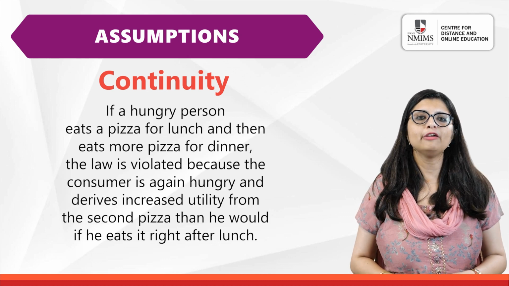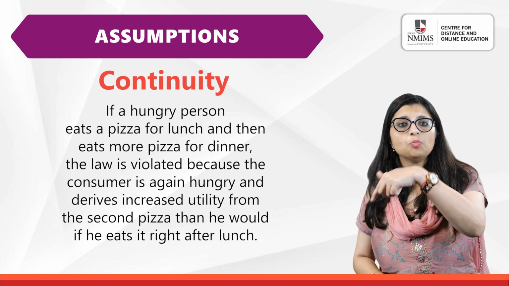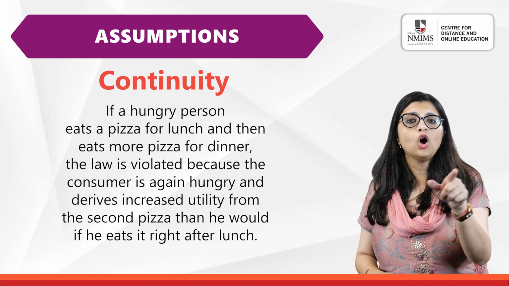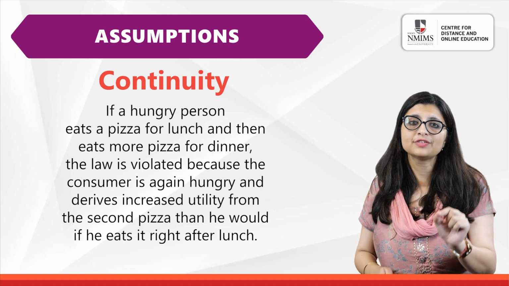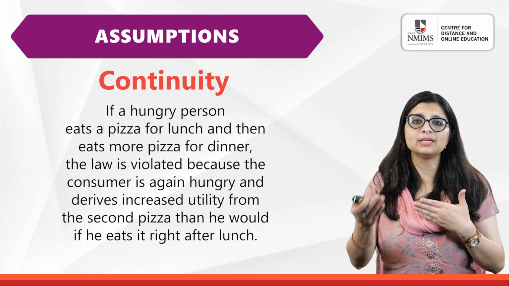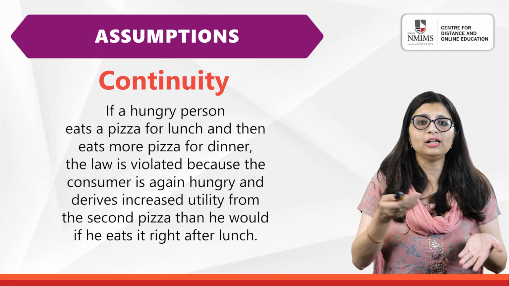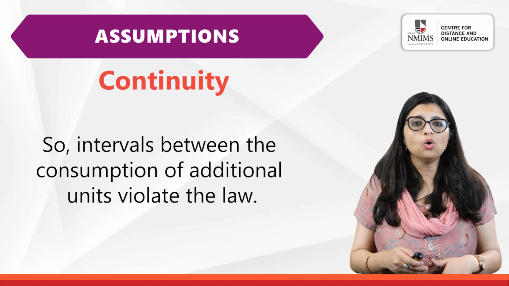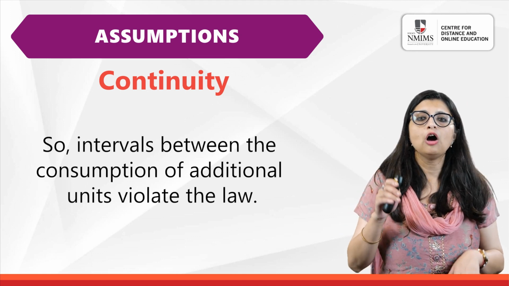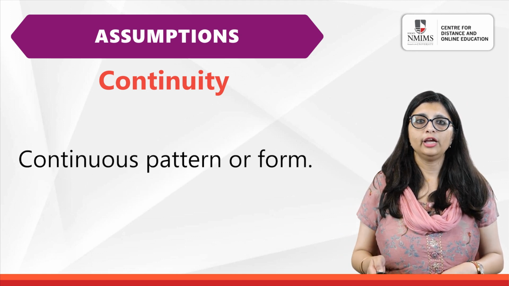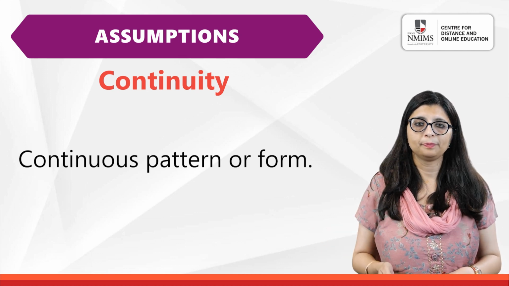For example, if a hungry person eats a pizza for lunch and then eats more pizza for dinner, the law is violated because the consumer is hungry again and derives increased utility from the second pizza than he would if he ate it right after lunch. So, intervals between consumption of additional units violate the law. It should be in a continuous pattern or continuous form.